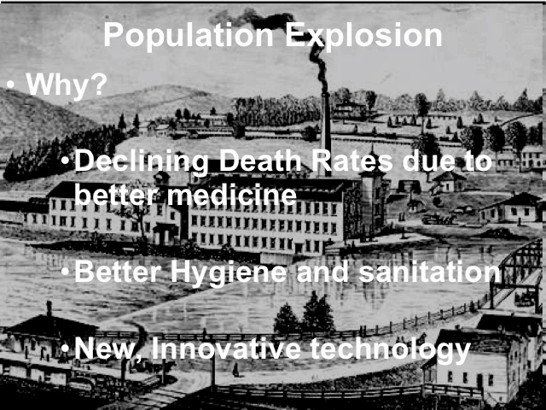We had declining death rates, largely due to better medicine in the time. We were seeing new innovative technologies that made it so the population just in Britain would move from 120 million to 190 million. There was better hygiene, better sanitation.